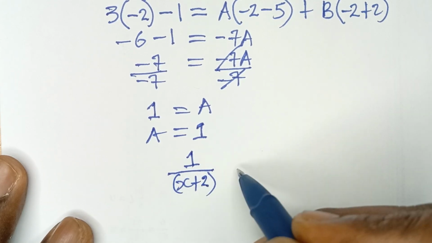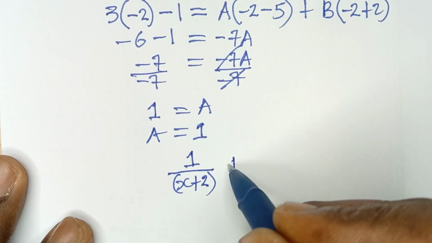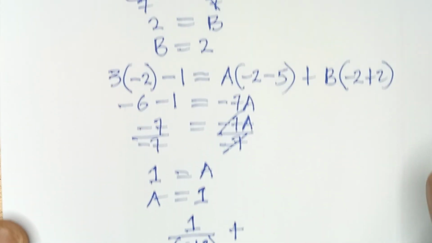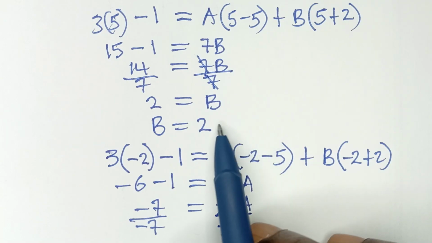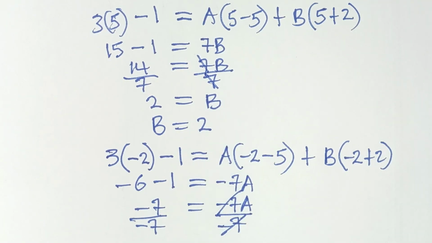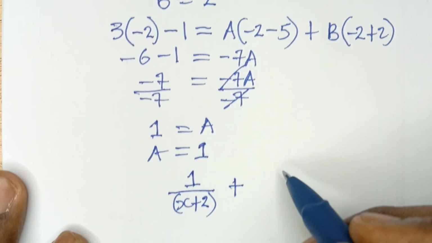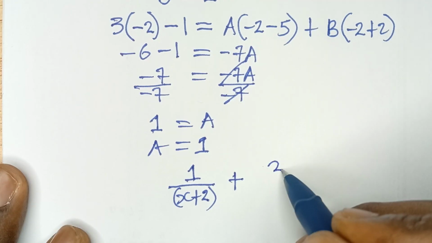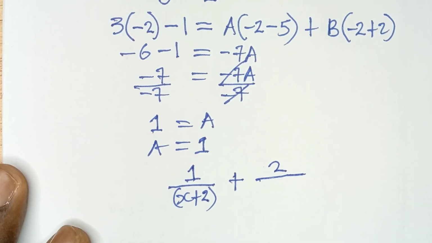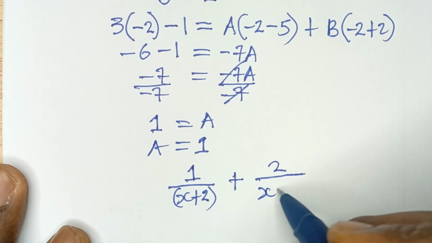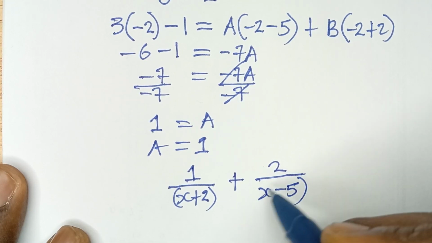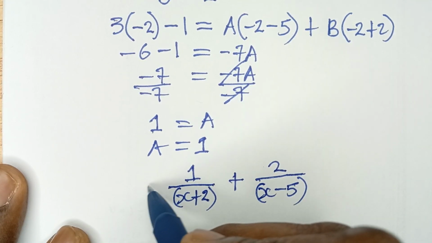Don't forget, this is the resolution, plus b. The value of b is 2. So I'm going to say plus 2 now. That is 2, divided by x minus 5.